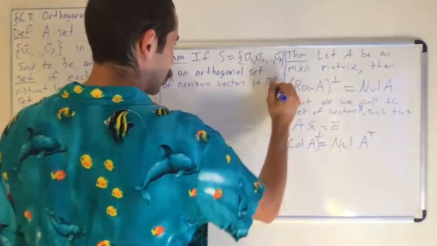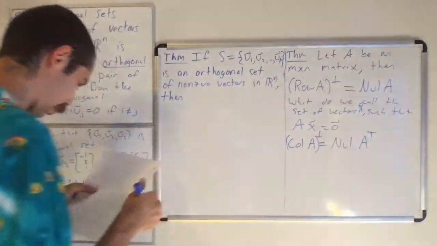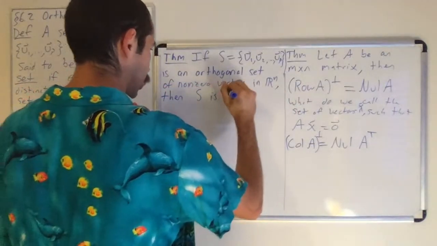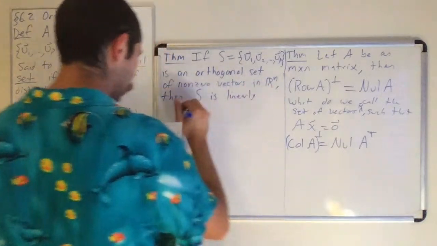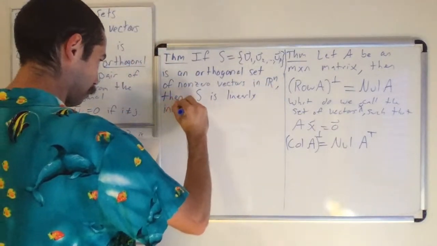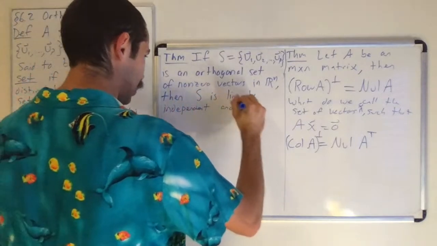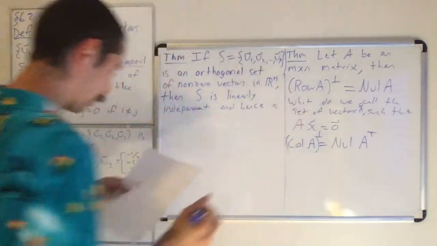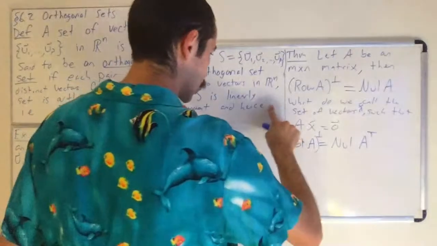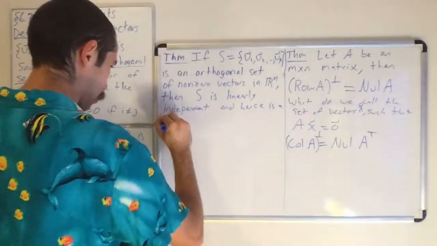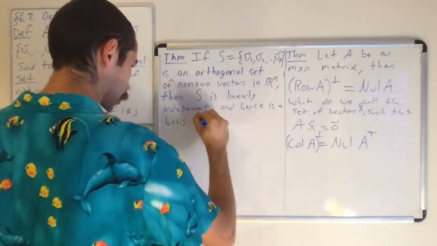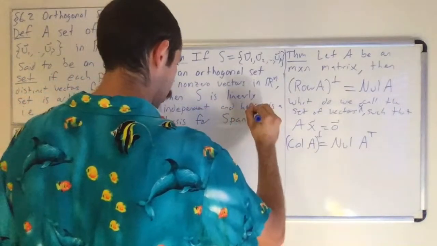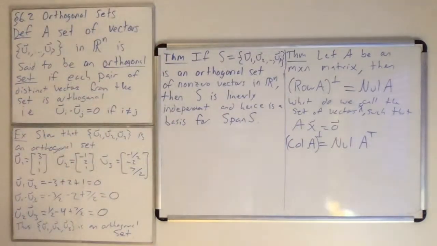the conclusion of the theorem is that S is linearly independent, and hence is a basis for the span of S. So what does this theorem say?